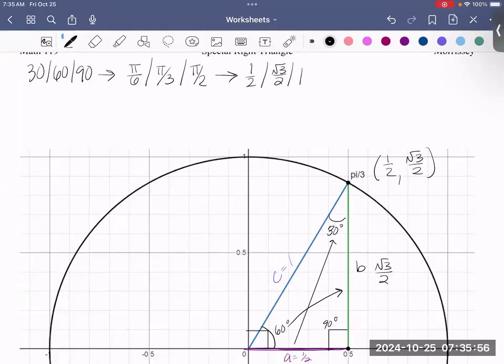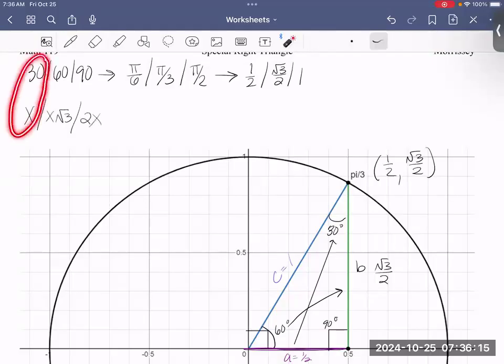Now the typical ratio for your 30, 60, 90 is x, x root 3, and 2x. So it's just saying that the 90-degree angle is double the 30-degree angle, or 30 degrees is 1/2 of the 90-degree.